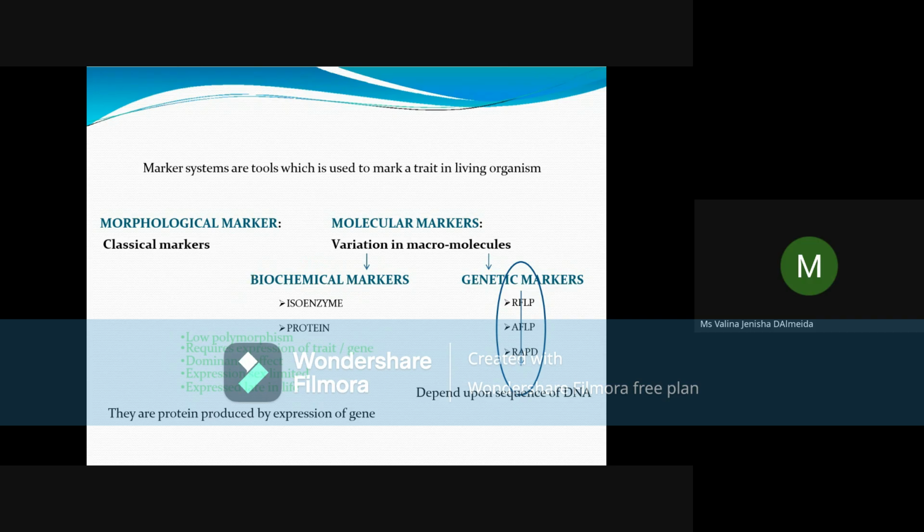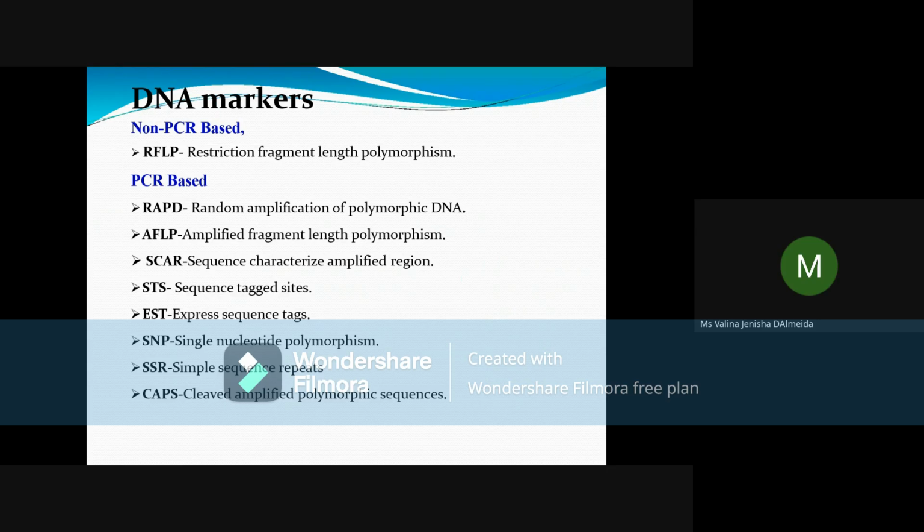In these techniques, we are mainly depending on the sequence of a DNA. Under these, the RFLP is called a non-PCR technique. The reason is we are not using the PCR method, that is the polymerase chain reaction method, for this polymorphism technique.